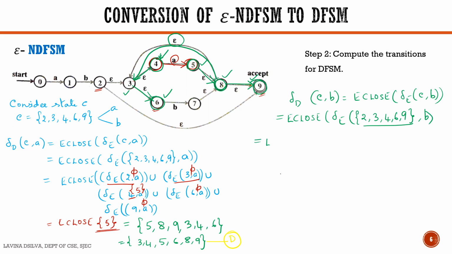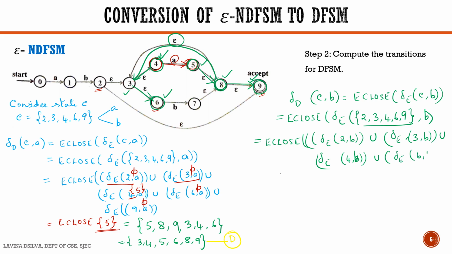So this is equal to E closure of delta E transition for state 2 on B union delta E transition for state 3 on B union delta E transition for state 4 on B union delta E transition for state 6 on B, union delta E transition for state 9 on B.